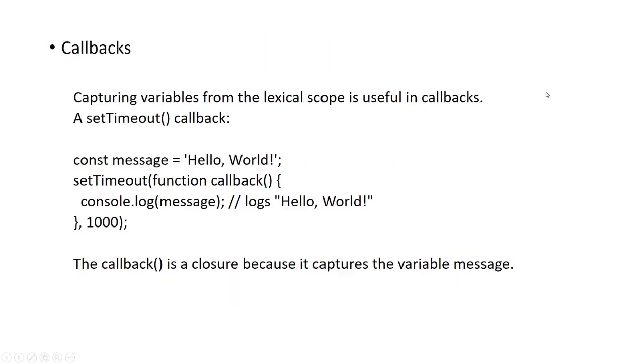Callbacks. Okay. So here I have taken a set timeout callback. This is also an async operation. So capturing variables from the lexical scope is useful in callbacks. This is a set timeout callback, and here also our callback is a closure because it captures the variable message.